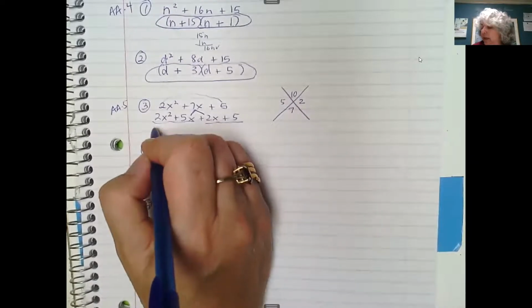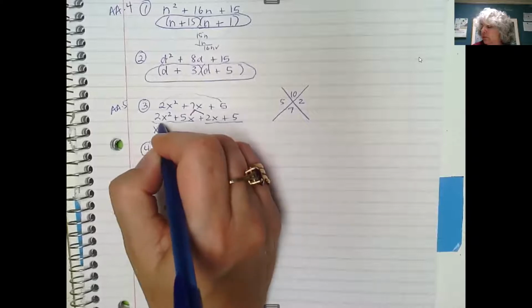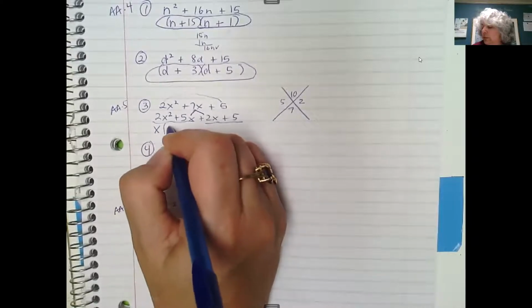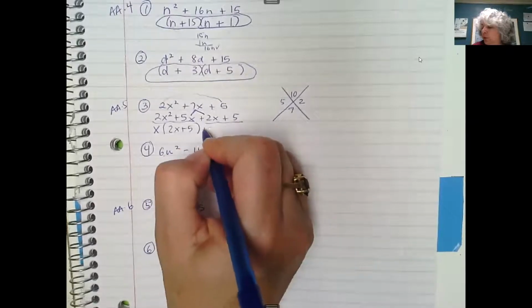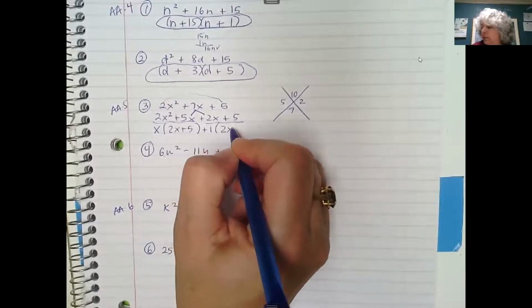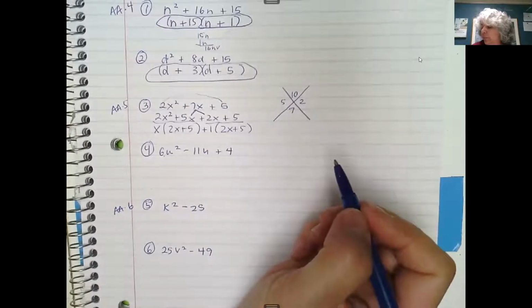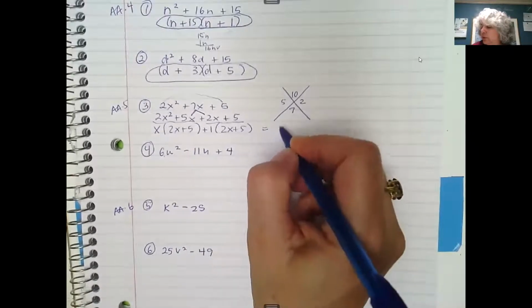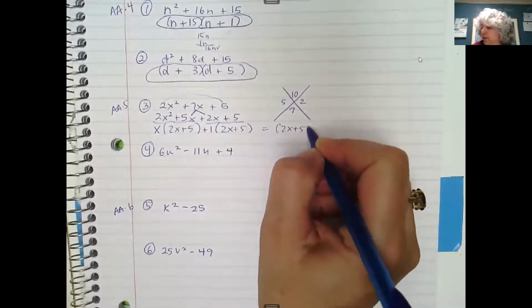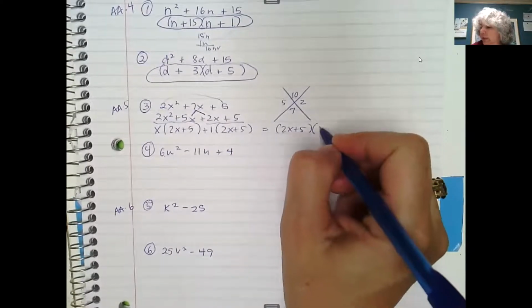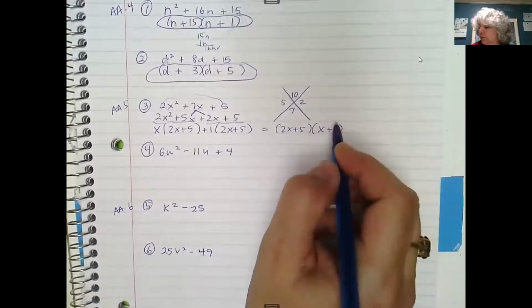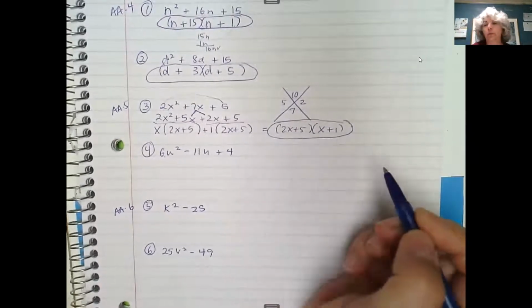And I see that x is common to these first two, and that leaves me with 2x plus 5. Nothing's common here, so I just write 1, but then that leaves me with 2x plus 5. And then 2x plus 5 is common to both of these, and that leaves me with x plus 1 as my other factor. And those are my answers.